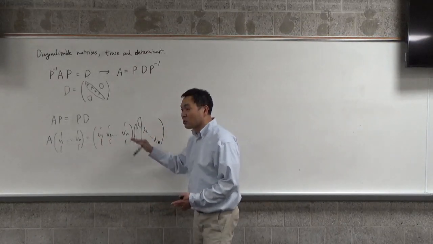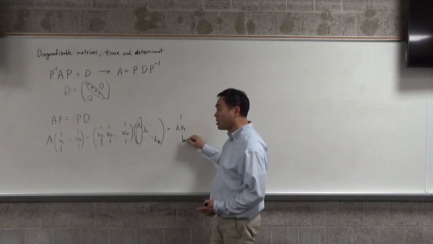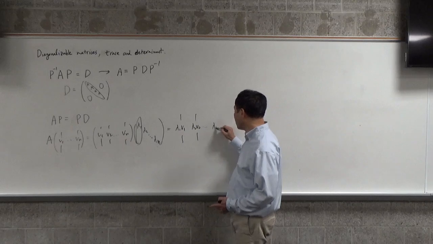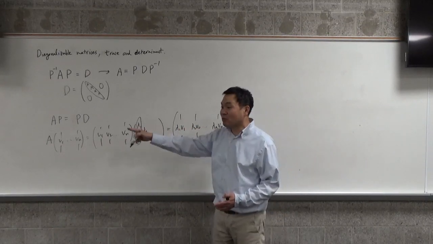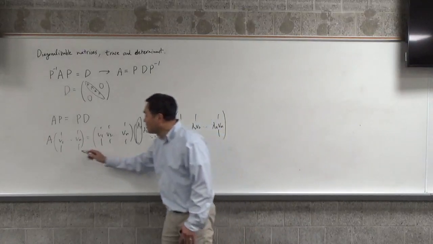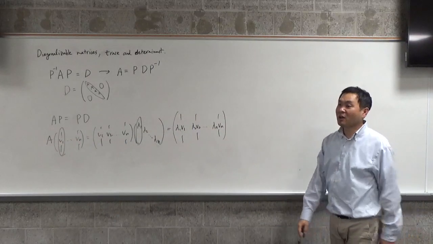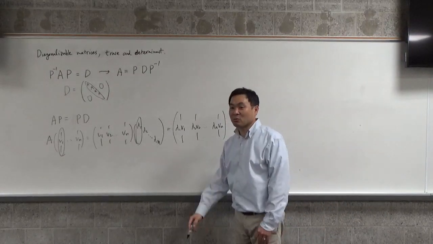So if you do this calculation, you see that lambda 1 V1 is what you get on the first column, lambda 2 V2 on the second column, and lambda n Vn on the last column. Matching these, you see that each column of P is an eigenvector of A with eigenvalues lambda 1 through lambda n.